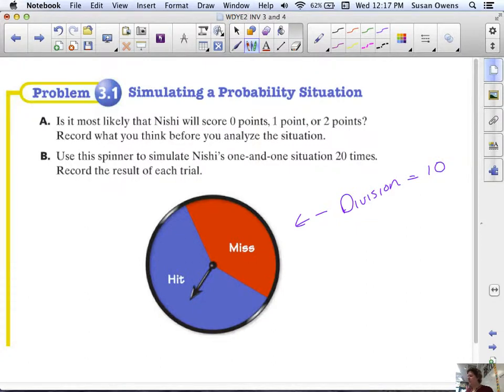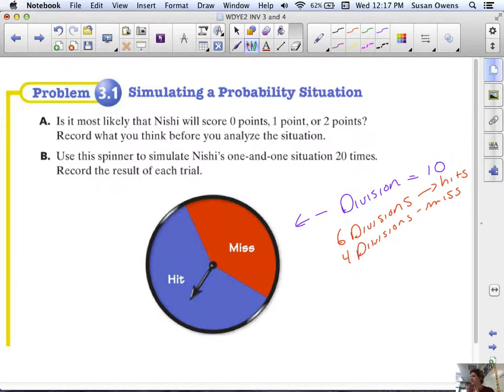Then we want the hit to be 60%, so make 6 of those divisions hits, and you can do hits however you want, with the number 1, or blue, whatever you want. And you want to make 4 divisions miss.